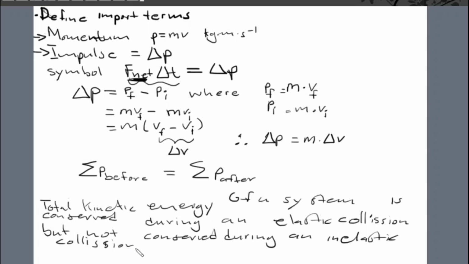Okay, if you remember from grade 10, the formula for kinetic energy is equal to half of the object's mass times its velocity squared. Kinetic energy is the energy possessed by an object due to its motion, right?